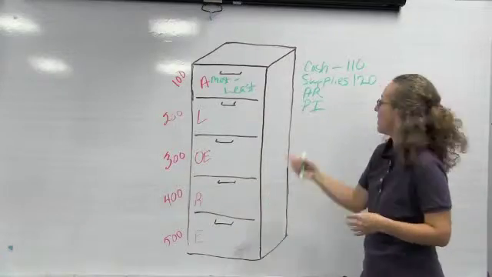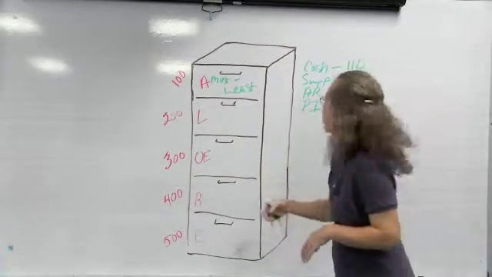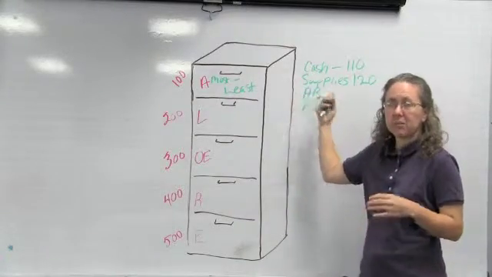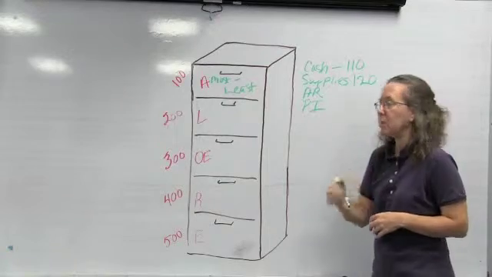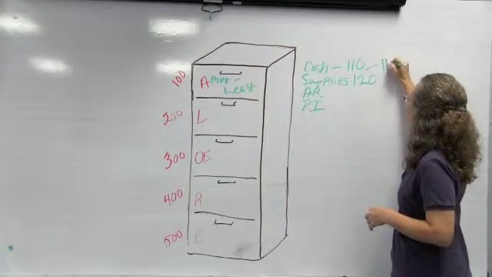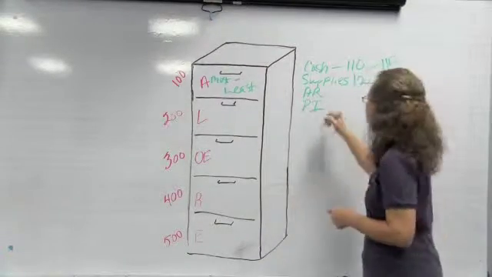And sometimes that'll fall in between one of these others in our organizational pattern. So if I have another account that I'm going to use quite often, I might want to put it somewhere in between cash and supplies. If that's the case, I'll give it a number right in between, a 115 number. And then so on down.